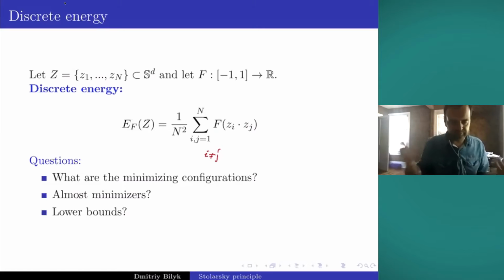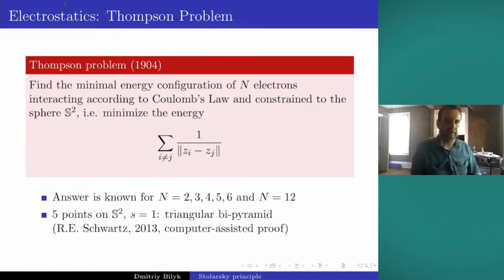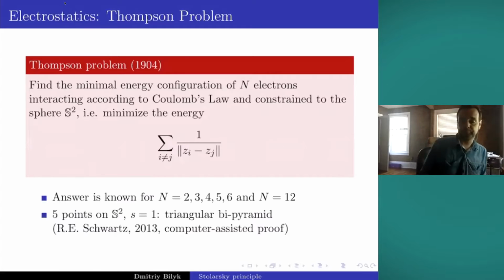So you've seen these objects already. And probably one of the most famous problems of this type is the Thompson problem, about the potential that comes from the Coulomb law, and we all know that the exact answer is known only for a very small number of values of n, number of points.